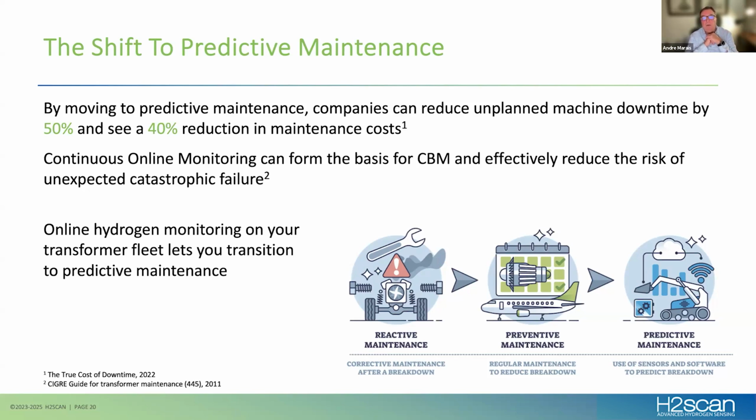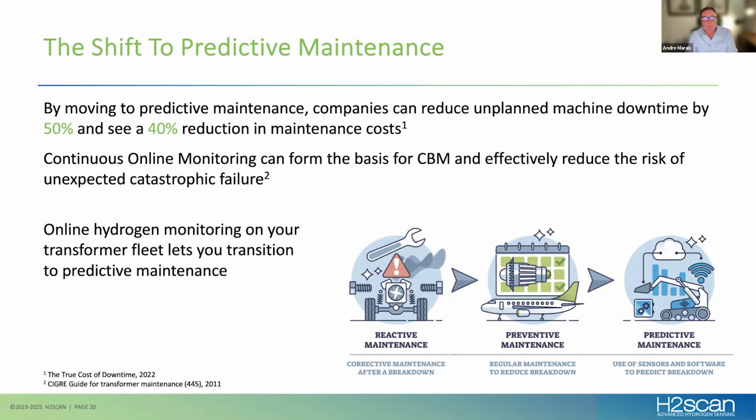Continuous and online monitoring of transformers can form the basis for that condition-based monitoring and maintenance, and will effectively reduce the unexpected catastrophic failure. So if you're monitoring your hydrogen perpetually, as we showed earlier, in your transformer fleet, you're able to transition to predictive maintenance in the future, sooner or later.